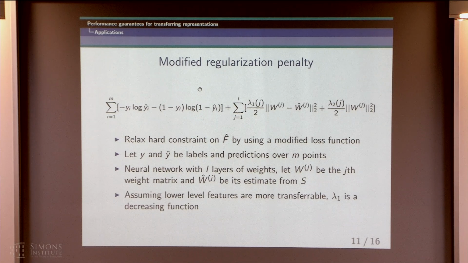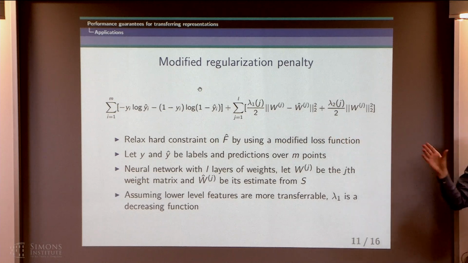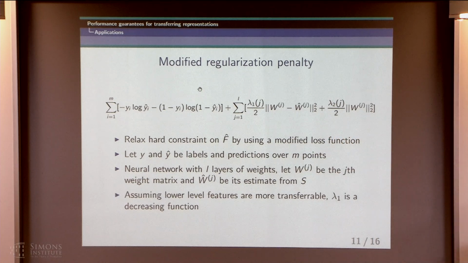In vision, for example, we expect the low-level weights to be very close if they're doing common tasks like edge detection, whereas for higher-level concepts at the high layers, we don't mind if those weights diverge. So we might expect the parameter lambda1, which controls how much we penalize divergence between source and target task weights, to be a decreasing function as we go up through the layers of the neural network.